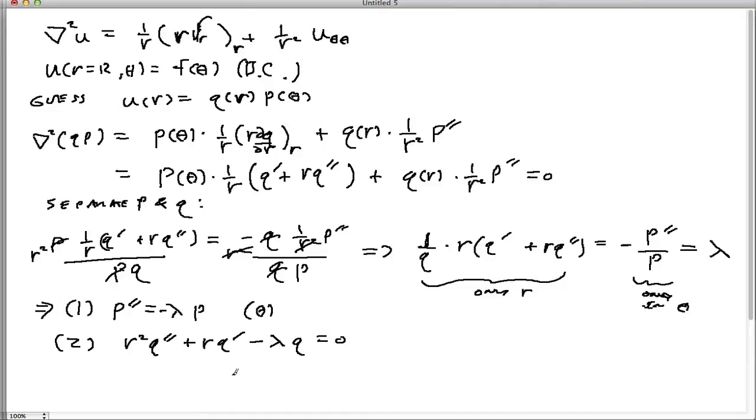Okay. So this equation, and this is again our equation in R, like so. All right, so let's see if we can solve both of these equations. And like usual, we're going to solve this one first, and then that will help determine our R.